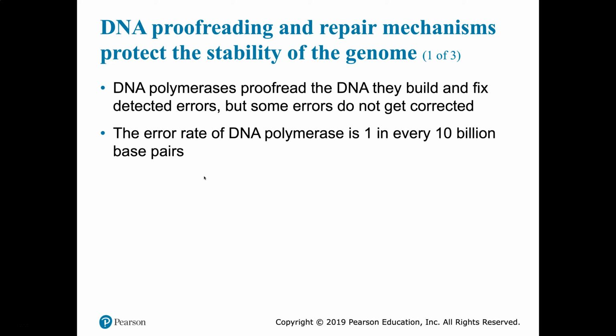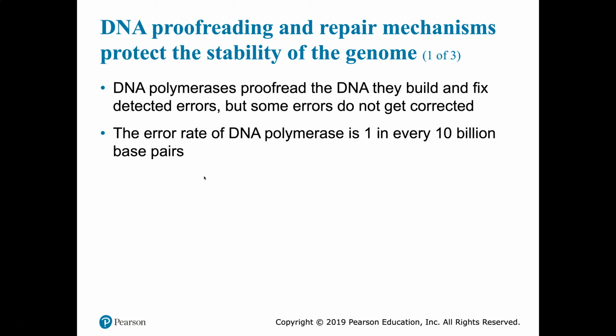They can look back at that and say, whoops, I made a mistake. And it will cut out the mistake, and it'll replace it with the correct nucleotide. So it'll cut out the mistake and fix it.